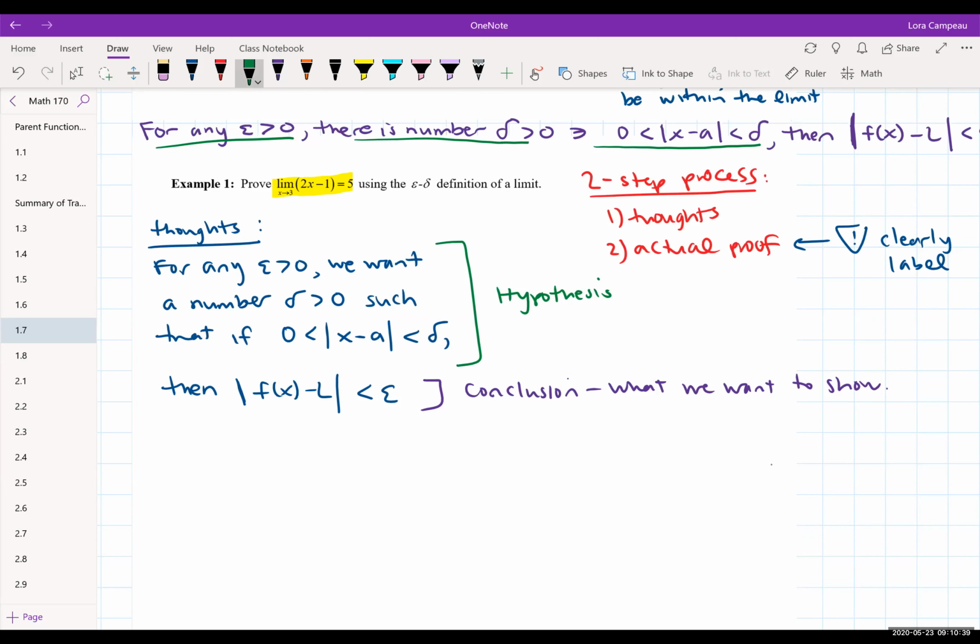I'll do this in green for now. So we have our f of x is 2x minus 1. So sometimes if I'm going through my proof or my definition, I may kind of label these parts right in here. I have 2x minus 1 being represented as f of x.